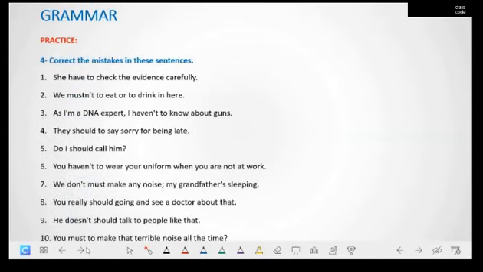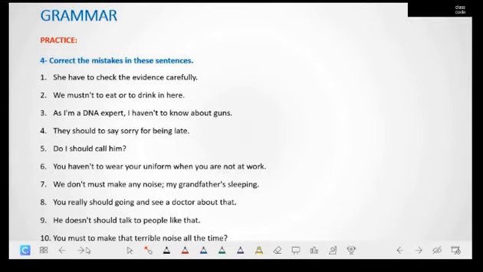Now, I'll give you 5 minutes more. Your job is very simple. Correct the mistakes in these sentences. I'll do number one for you. So, number one, she have to check the evidence carefully.